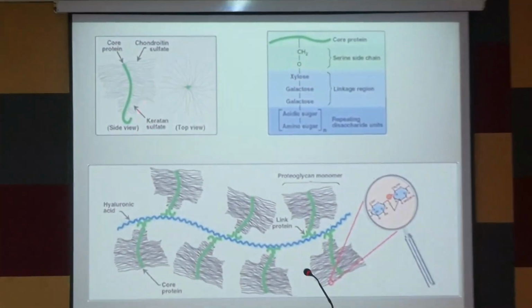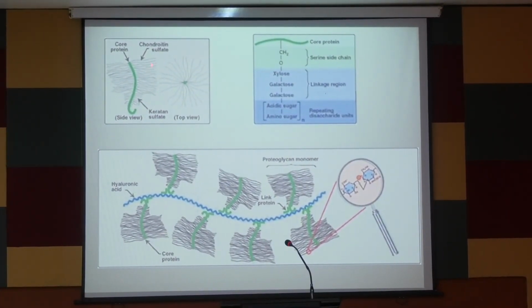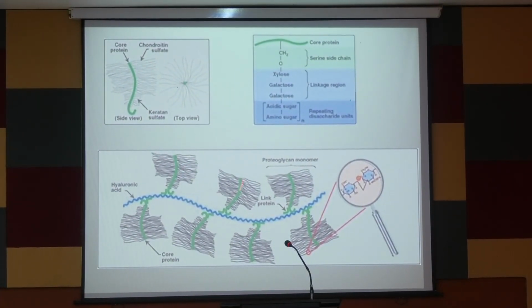Now, as most GAGs are negatively charged, they have an attracting effect on water molecules. So they cling to a lot of water molecules. Where do you find water molecules? Between the hair-like chains of GAGs, a lot of water molecules are trapped, here, here, here.